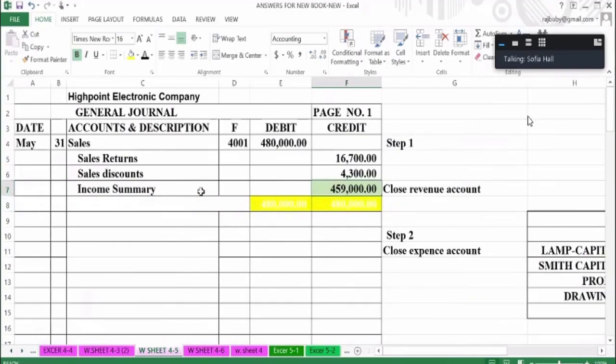That is the first journal. Now we have closed all the revenue accounts.